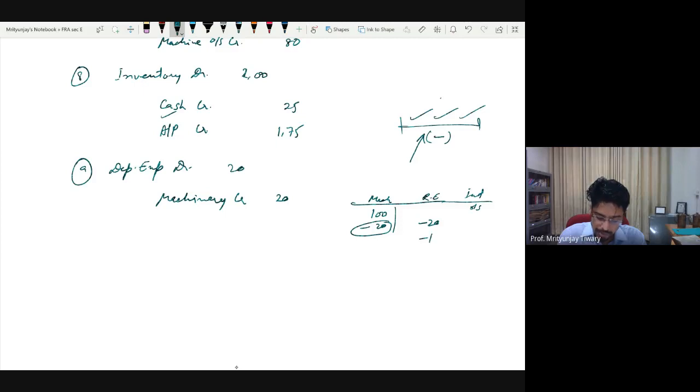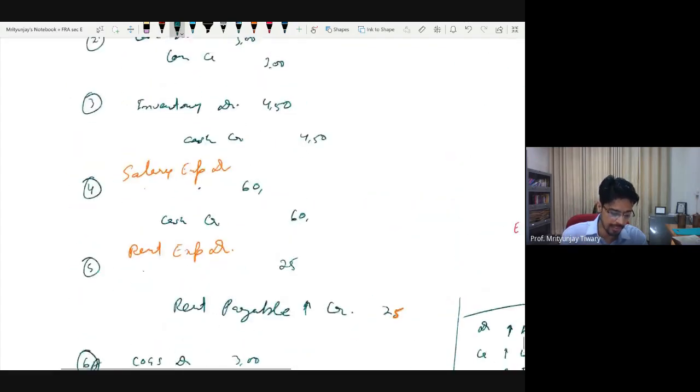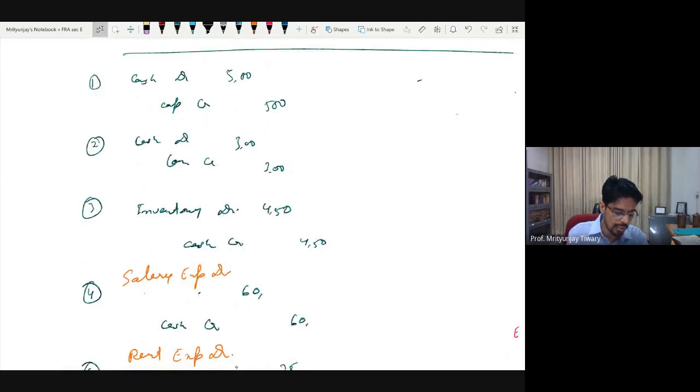So we would reduce retained earnings by the interest amount, and we would also create an outstanding by the interest amount. Everybody got this? What are we talking about? This last entry is being done simply because, when the loan information was given, it was said that this loan carries an interest at the rate of 6%.